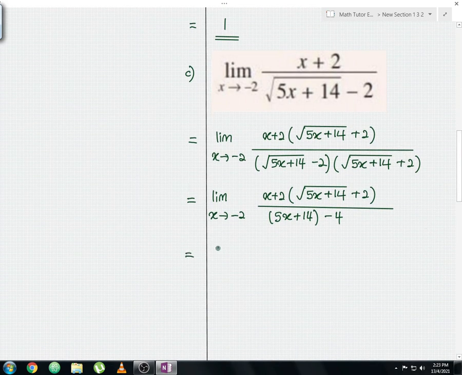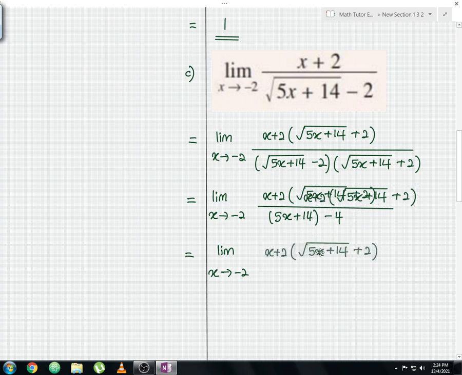The numerator still remains the same. We solve the denominator, and you should get 5x plus 10.